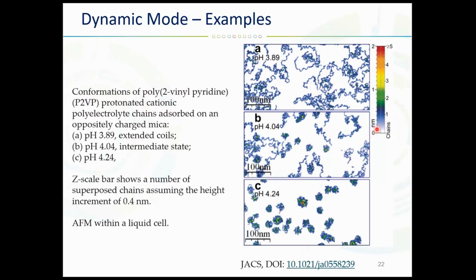As the degree of protonation decreases, so higher pH, fewer protons, or when we increase the ionic strength of the solution, the extended polymer coils will undergo a quite sharp phase transition, as you can see here. So this is one of the examples. We can check the conformations of different polymers, and this one is done in liquid phase, so that's why we use dynamic mode here.